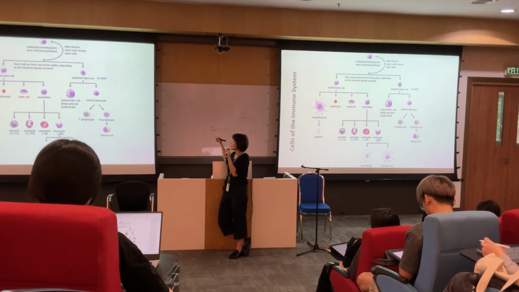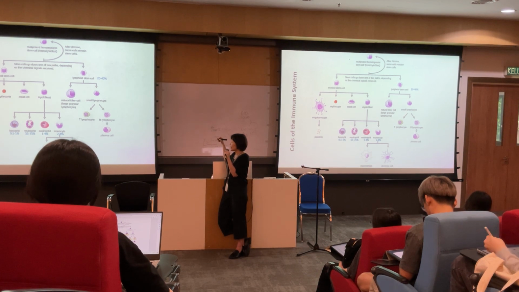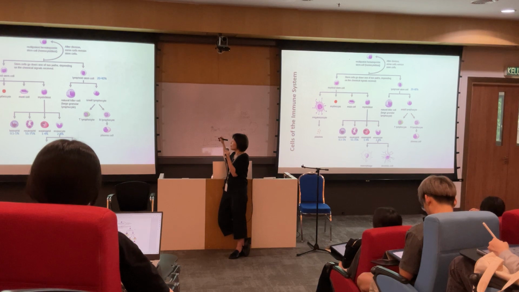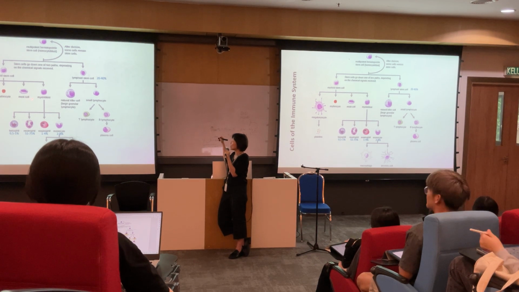Mast cells, basophil and eosinophil mostly react to allergens. If you have an allergic molecule coming in, it will induce the production of mast cells. Mast cells normally reside in the tissue.